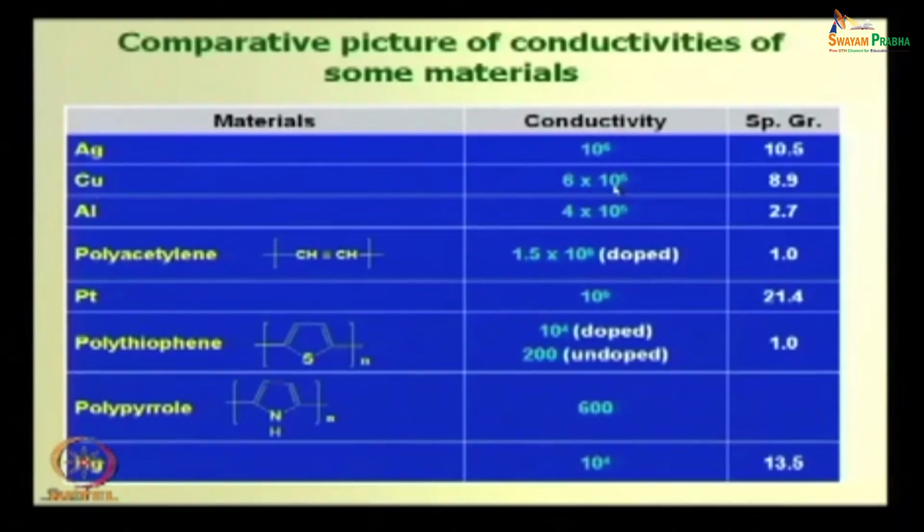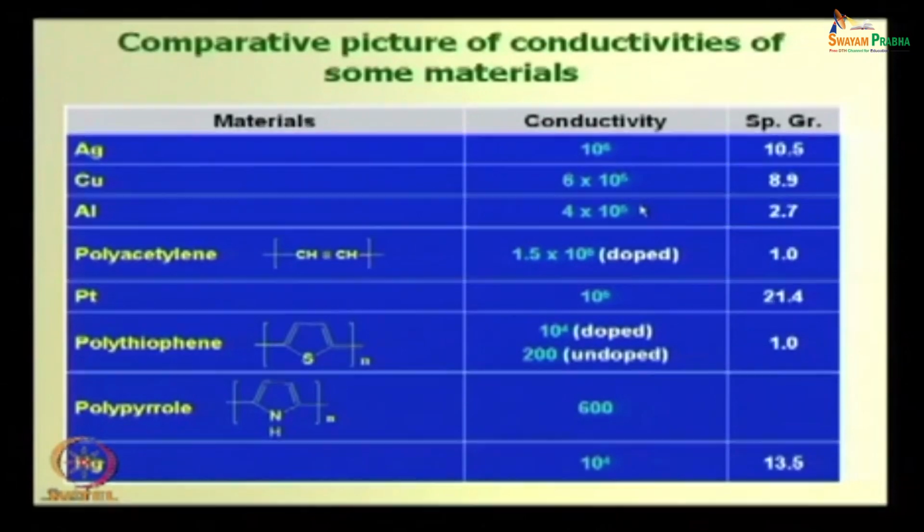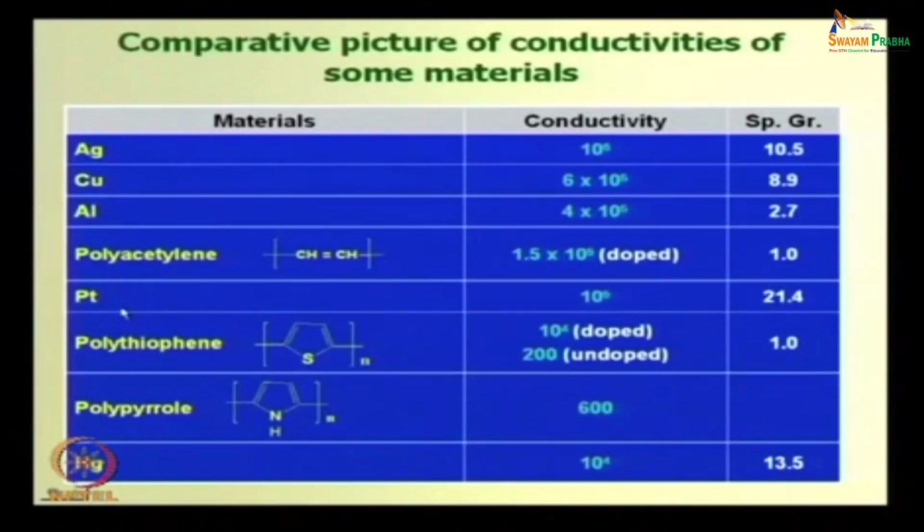Copper 6 into 10 to the power 5, aluminum 4 into 10 to the power 5, polyacetylene in doped condition almost it has achieved the metallic conductivity. You see, it has achieved the metallic conductivity polyacetylene, and platinum 10 to the power 5.